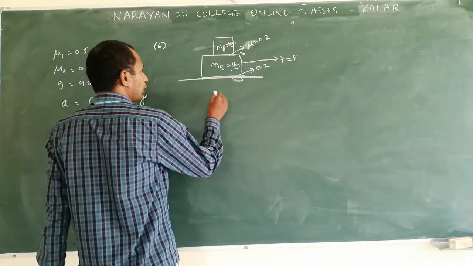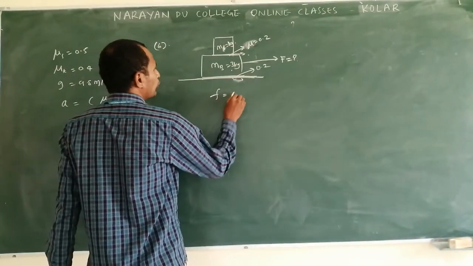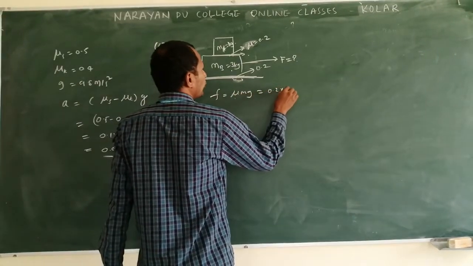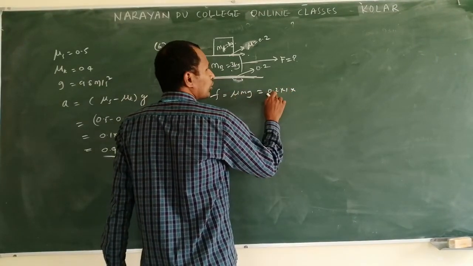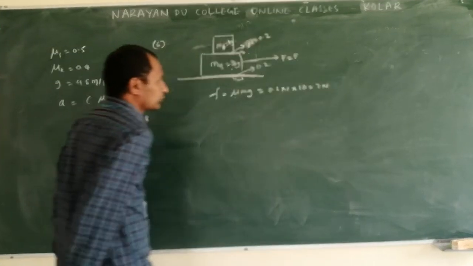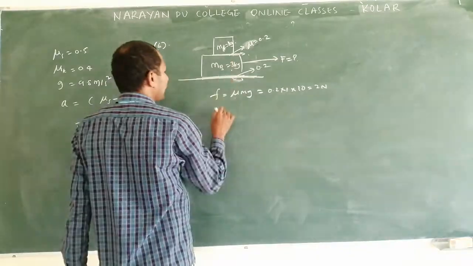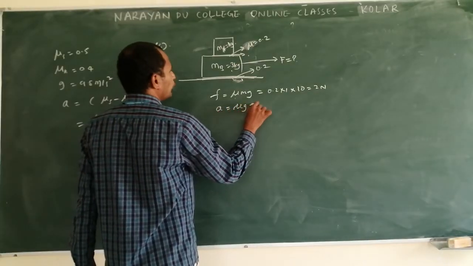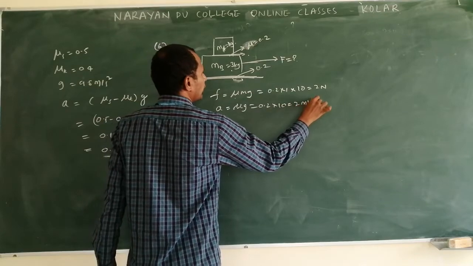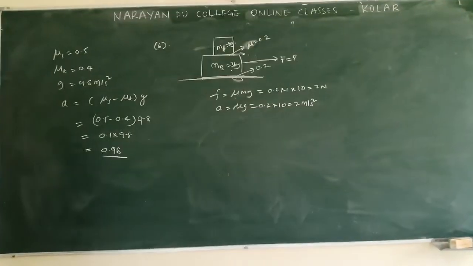That friction is F is equal to mu m g, that is mu is 0.2 into 1 into g 10. This is 2 newtons. Clear? Our minimum acceleration a is equal to mu g, 0.2 into 10, 2 meter per second square.